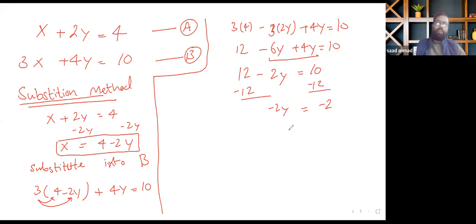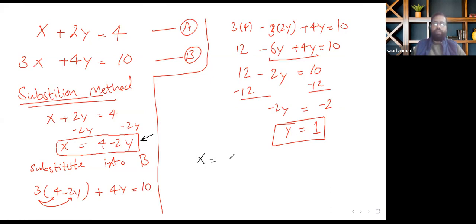And then we will divide both sides by -2. So we will get y equals 1. Yes, y is equal to 1. Right. So this is our point. Y equals 1. That's the one value from here. Now we take this and substitute it in there, the value of y here.